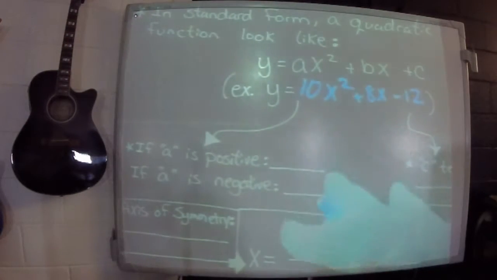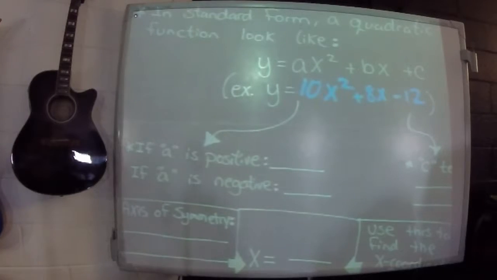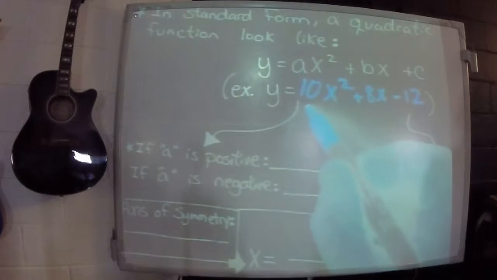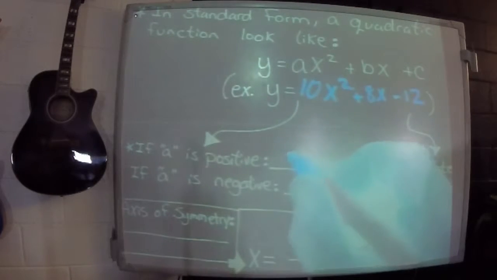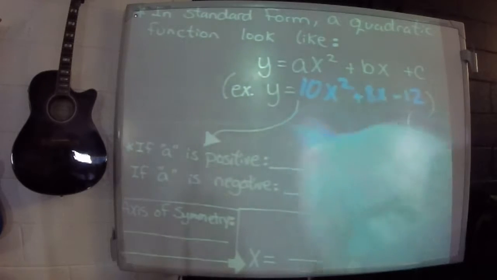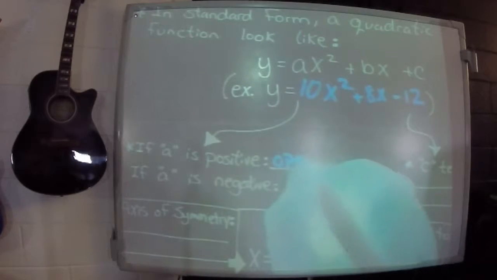Now that first number, where the a is, that tells you what the shape's going to look like. It's going to tell you if it opens up or it opens down. If this is positive, like this one, it's going to open up. So go ahead and just put opens up and then just draw the little U. Opens up, and it looks like this.